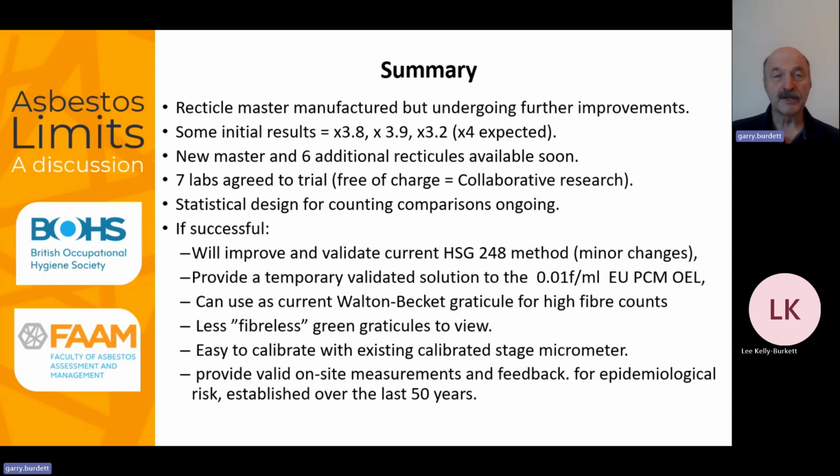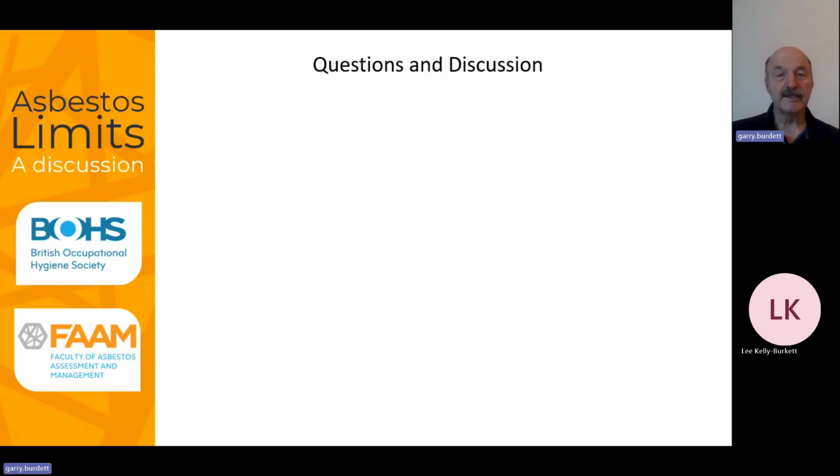All you do is measure the radius instead of the diameter with the existing stage micrometer. And the most important thing, it will allow us to have valid on-site measurements and rapid feedback in the index of exposure that's been used over the last 50 years. Questions, please. Thank you very much.